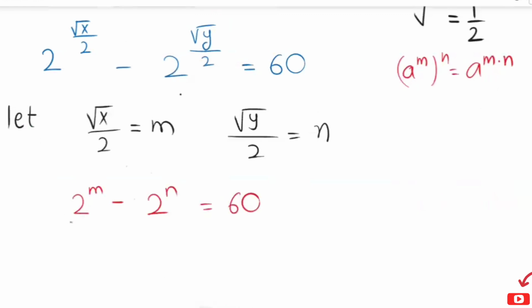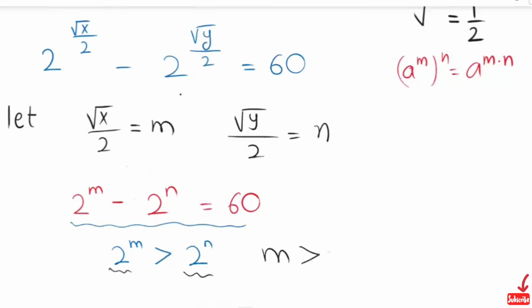Now from here, to get a positive value of 60, 2 to the power of m should be greater than 2 to the power of n. And here we have the same bases, so we can say that m and n belong to the natural numbers.